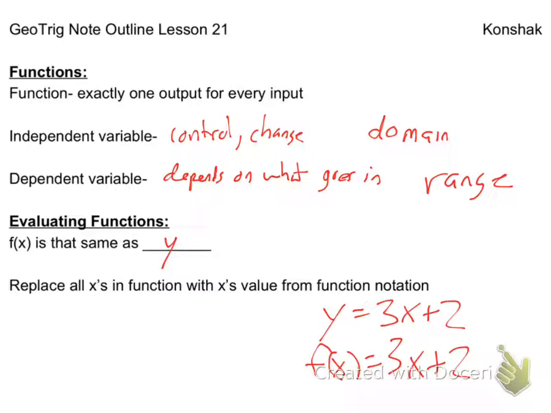So whatever is in this position right here is going to replace all of these. So if it's a 5, I take all the x's out of the rule and replace it with a 5. If it's a negative 8, I'm going to put them all in negative 8. If it's a t, I'm going to put a t in there. We're going to get to a couple examples of this.